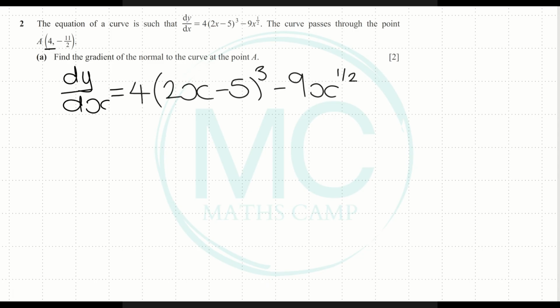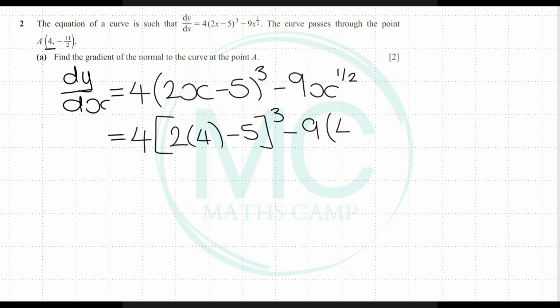So to find the gradient of the tangent at that point, we substitute 4 into our x values. So we say 4, open a bracket, 2 multiplied by 4, minus 5, close the bracket, cubed, minus 9, multiplied by 4, with an exponent of 1 over 2.